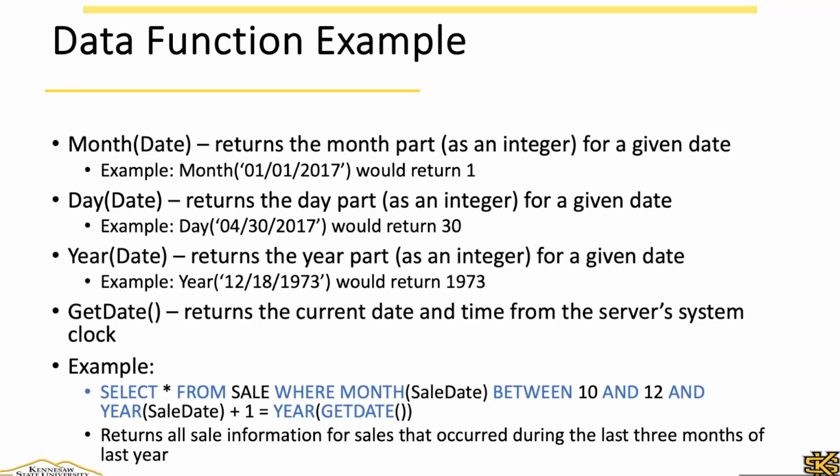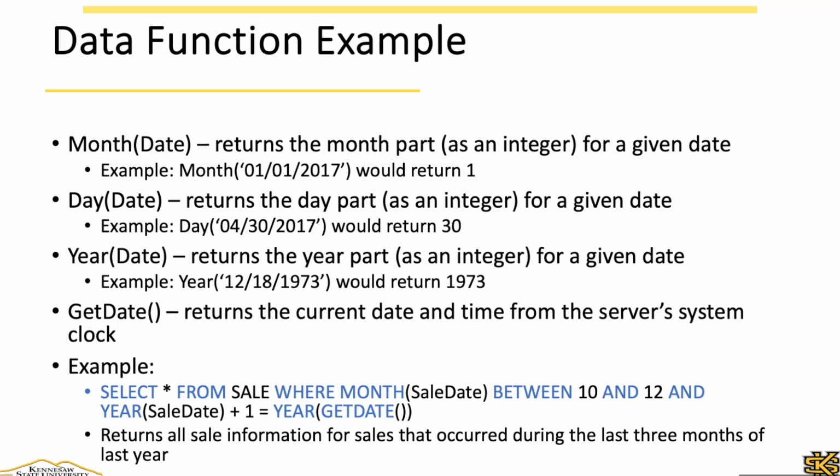In this query, we use the month function on sale date to extract the month from each sale date, ensuring that only those from October to December, which is 10 to 12, are included. The year getDate function extracts the current year from the system's date.